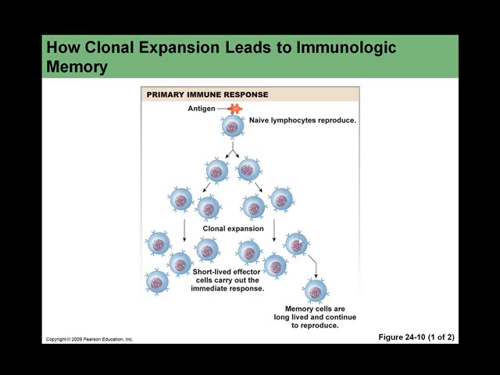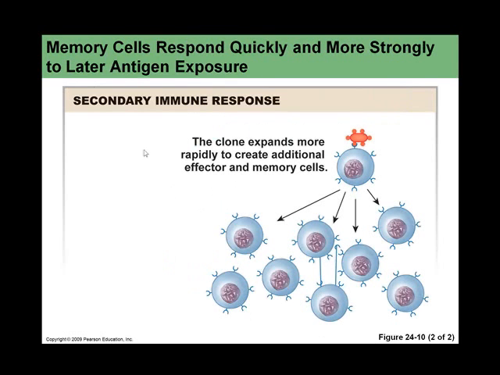But through this clonal expansion there is a subset of cells that are going to just nestle aside somewhere within the lymphoid tissues distributed throughout the body, lymph nodes or whatever, and create memory cells that are long-lived and continue to reproduce. In other words, they sustain mitotic capabilities.